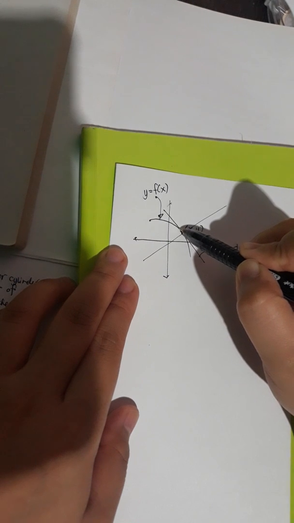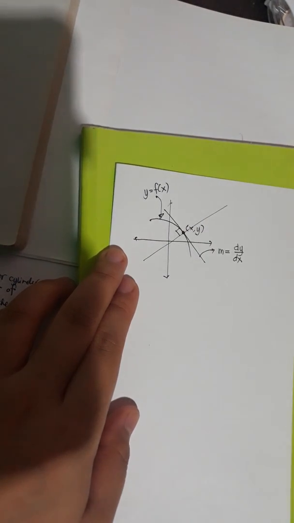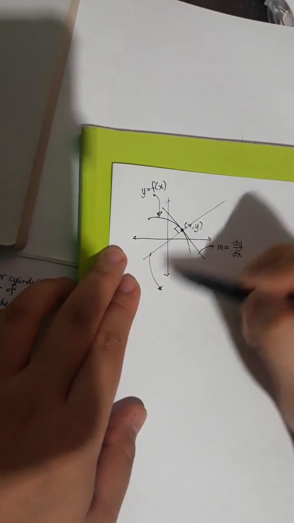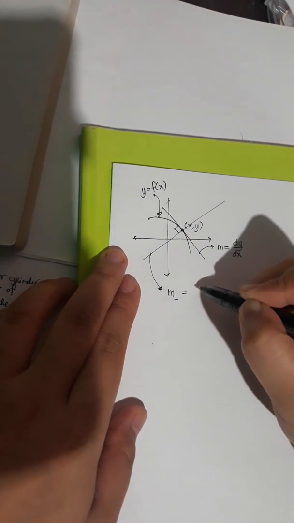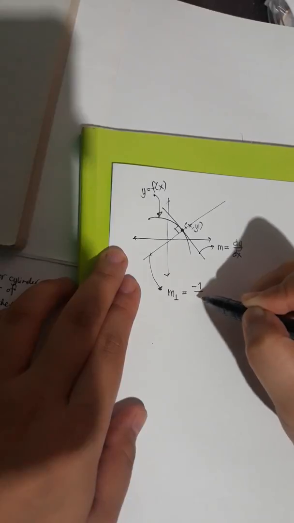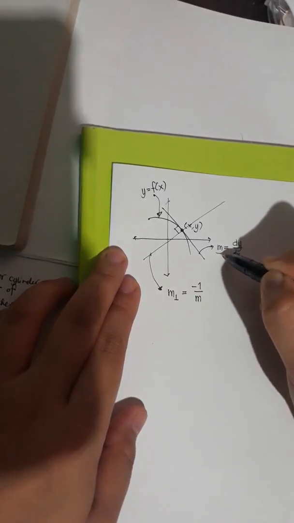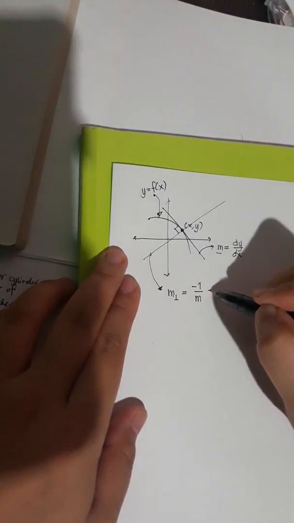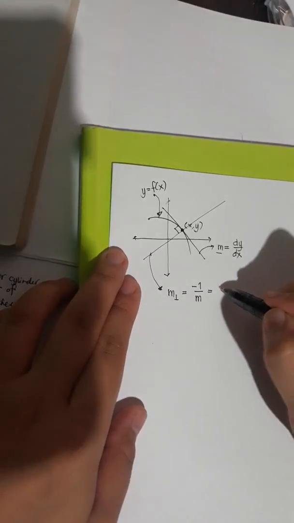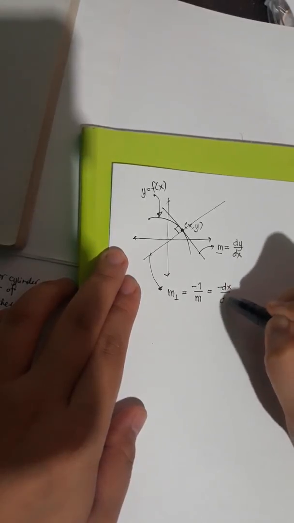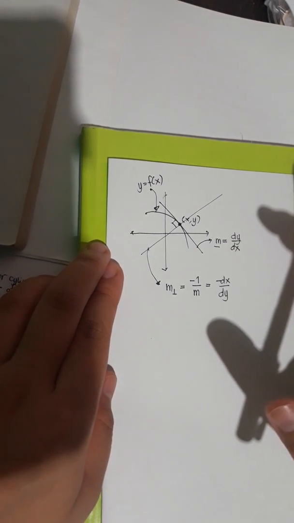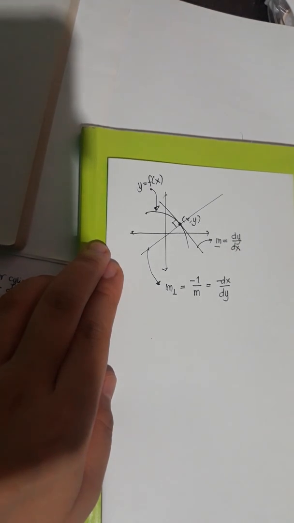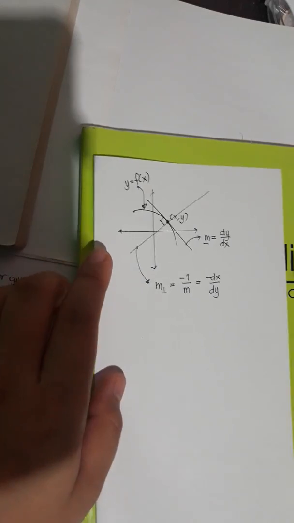This normal line is perpendicular to the tangent line, and its slope is the negative reciprocal of the slope of the tangent line, which will be equal to negative dx over dy.